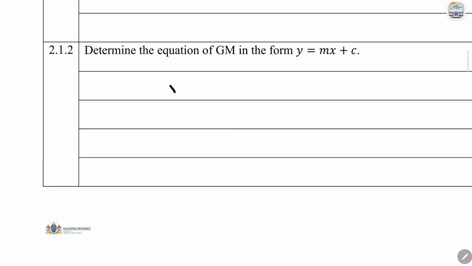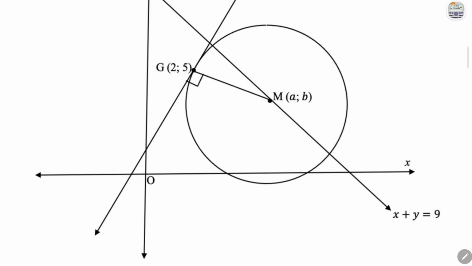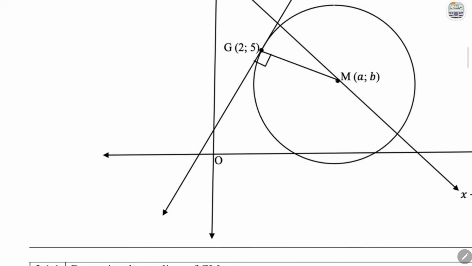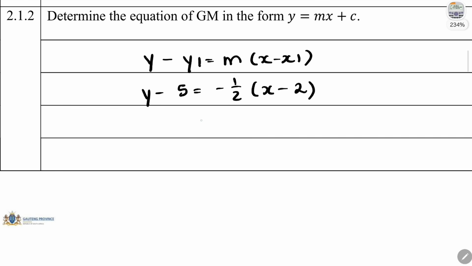So let's go ahead and use y minus y1 equals our gradient times x minus x1. And the point we're using is this point 2 and 5. So we're saying y minus 5 equals our gradient of GM, -1 over 2 times x minus 2, since that x value is 2. And just simplify. So let's distribute here, and that's -1 over 2x.